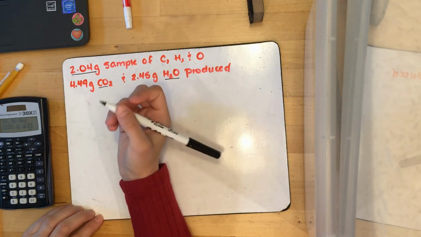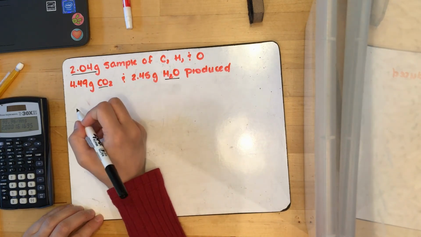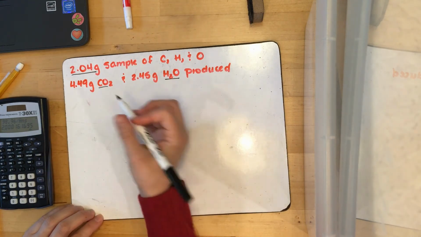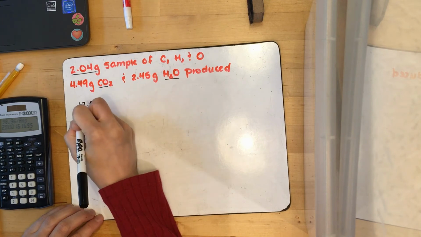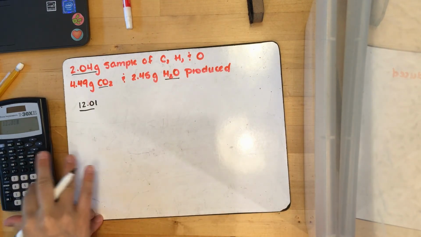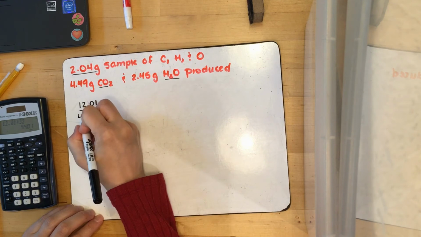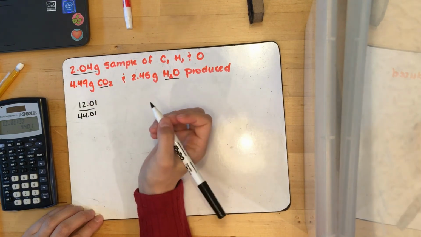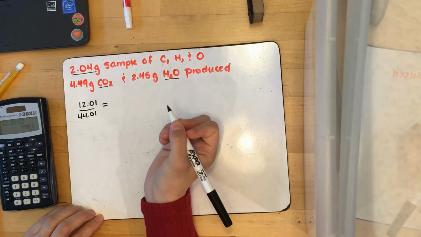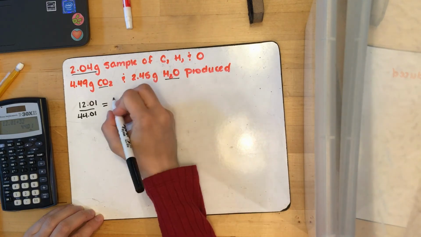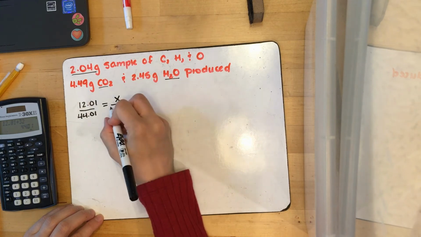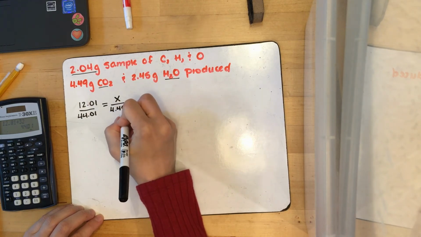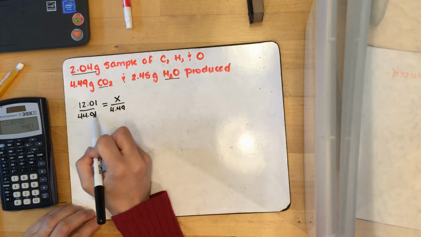So to make the ratio, we start out by making a ratio of the molar masses. So carbon is 12.01, and the molar mass of CO2 is 44.01. And we're going to set that equal to X, because we don't know the mass of carbon, over the total. So on both sides here I have carbon over the total.